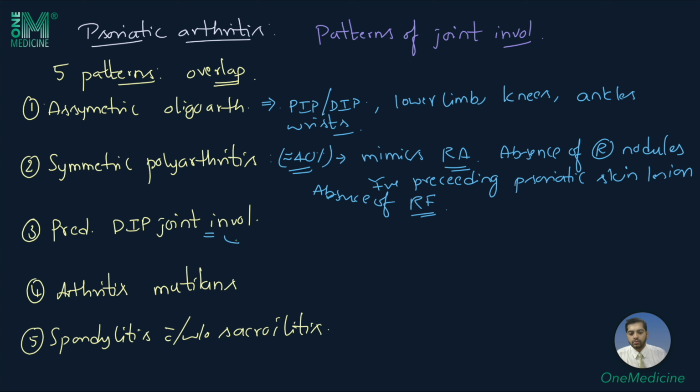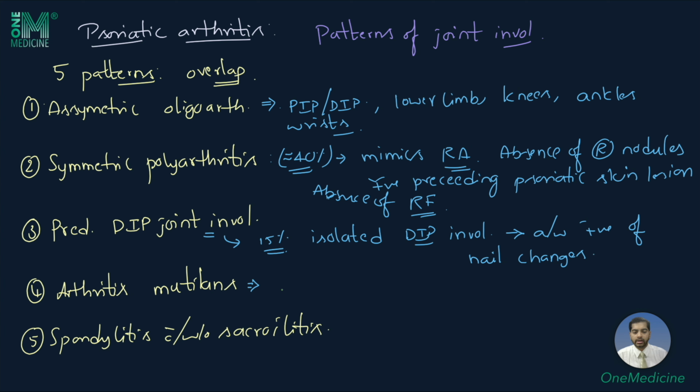Predominant DIP joint involvement contributes to 15% of the cases of psoriatic arthritis, where there is isolated distal interphalangeal joint involvement, and these patients are classically associated with the presence of nail changes seen in psoriasis.